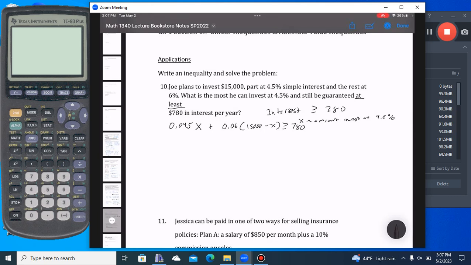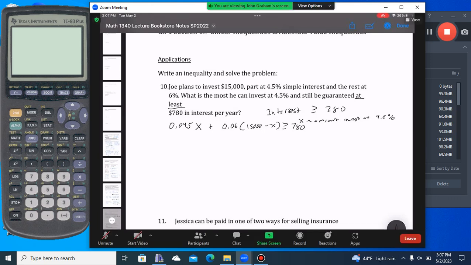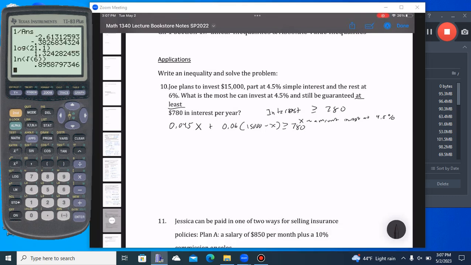So we can solve this by distributing the 0.06. Let's do 0.06 times 15,000 on the calculator. We get 900 minus 0.06x plus 0.045x, greater than or equal to 780.